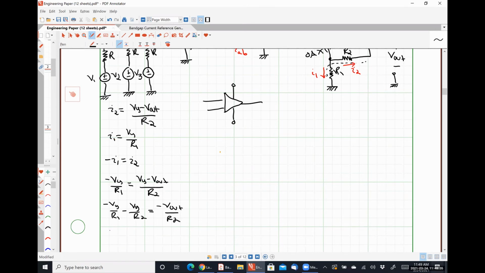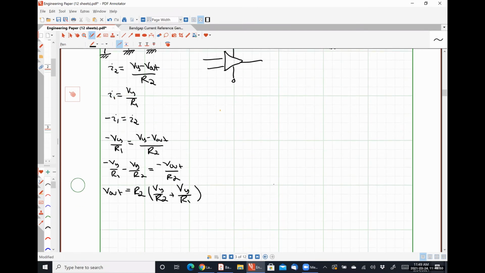This will give us V out equals R2 times Vy over R2 plus Vy over R1. And I know I just switched around all of the variables, but this will make it look more like it is in your book.